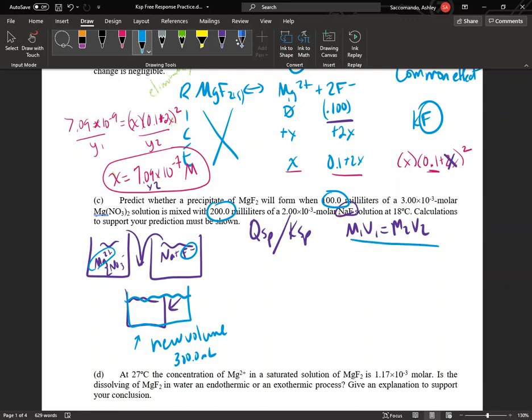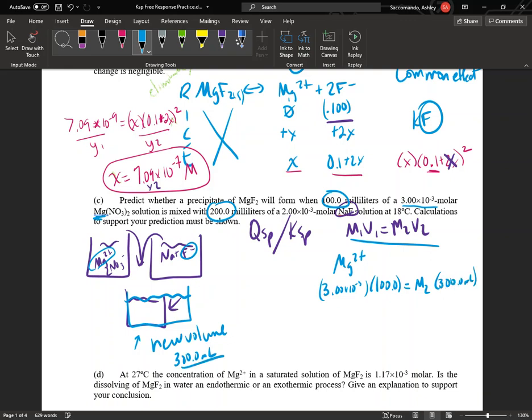If I'm looking at the magnesium, I don't really care about the nitrate. The nitrate's not going to react, it's going to stay soluble. But the magnesium's original molarity was 3 times 10 to the minus third, and its original volume was 100. We get a new molarity when we combine it, because now we have it in 300 milliliters.